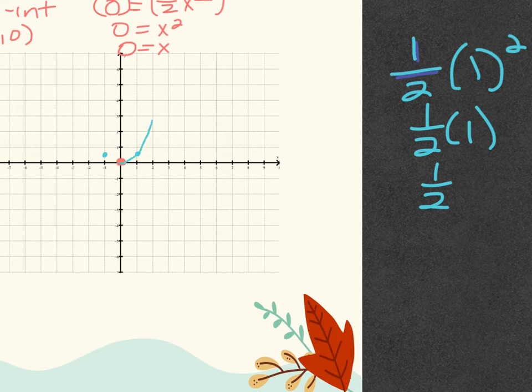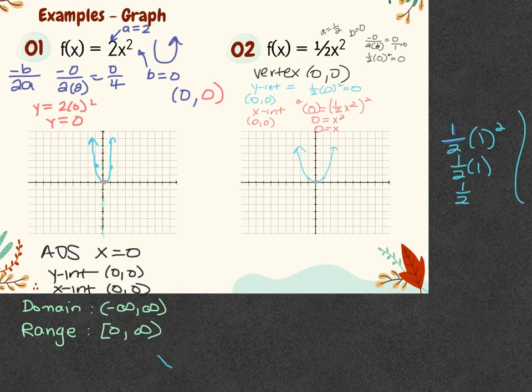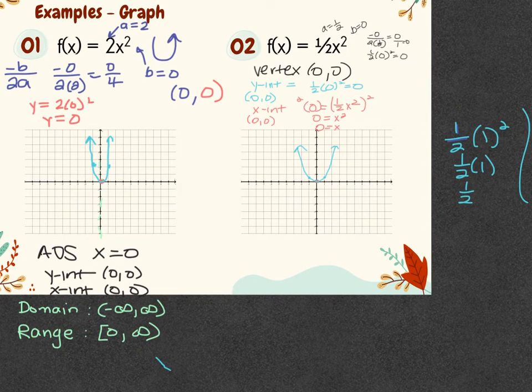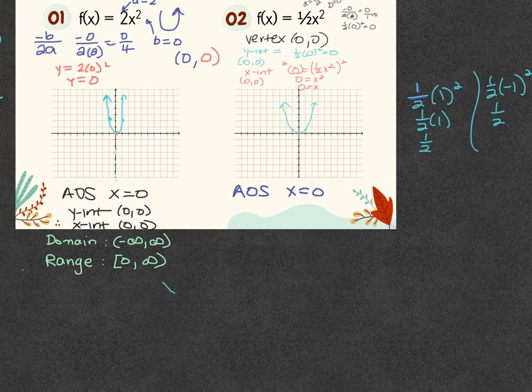So this graph is wider than the first one, which is consistent with the shifts that we talked about in the last chapter. If it was a whole number on the front, it was more narrow, and if it was a fraction on the front, it was more wide. My axis of symmetry is again x equals 0, and all the other stuff is also the same.